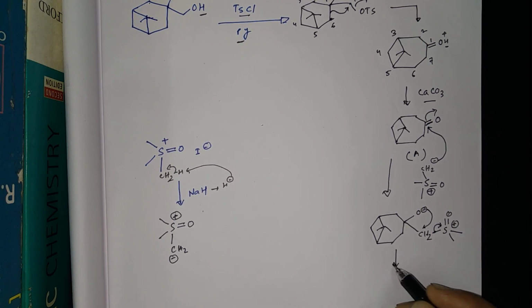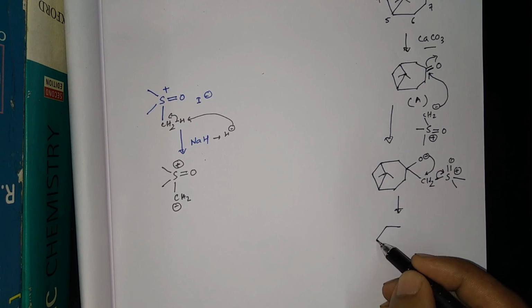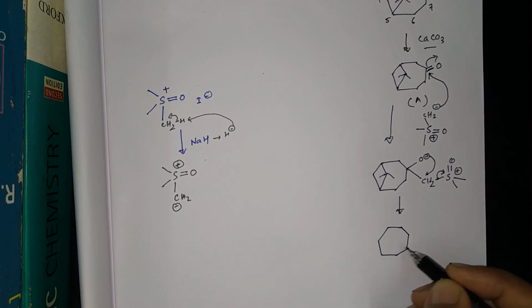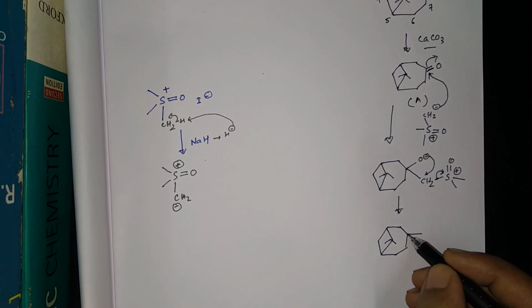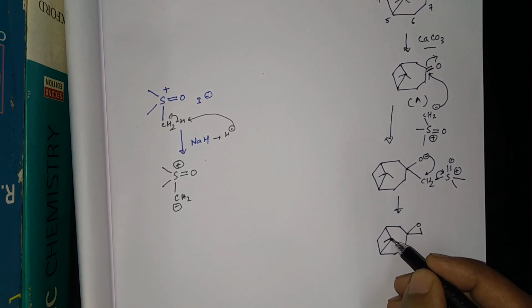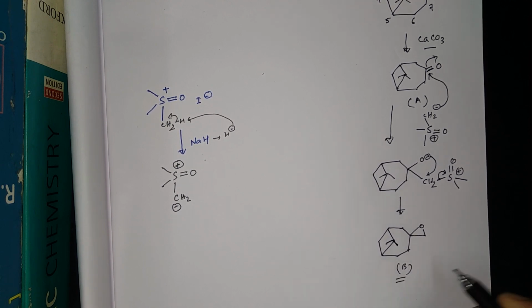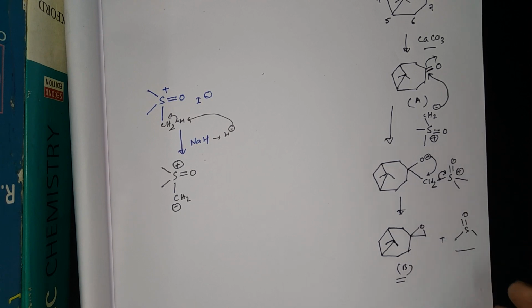So a 3-membered ring will form. This is product B, the correct one, and the side product is the sulfur compound with S double bond O.